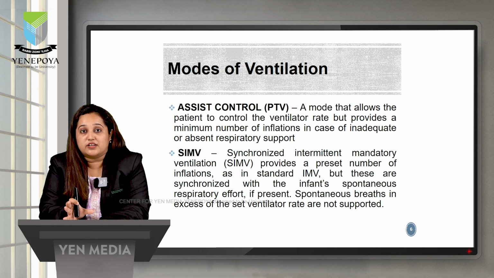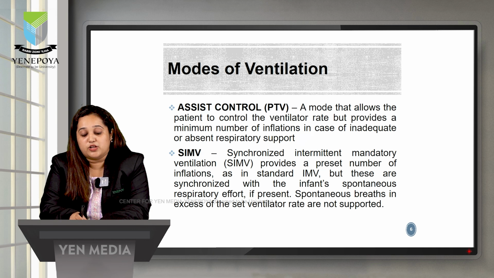How I can put it in terms of clinical application is, for example, if you are setting a respiratory rate of 10 breaths per minute in SIMV, only for those 10 breaths will the ventilator give support. If the baby is taking 5 extra breaths, those 5 breaths will not be supported and they will be completely spontaneous.